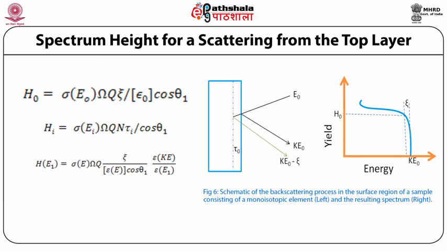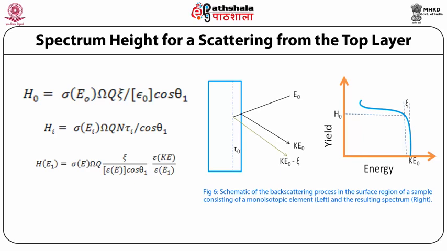Spectrum height for scattering at depth. The significance of depth profiling is to relate a spectrum height Hi to a slab of material with thickness tau I and number of atoms per unit area n tau I at depth xi.